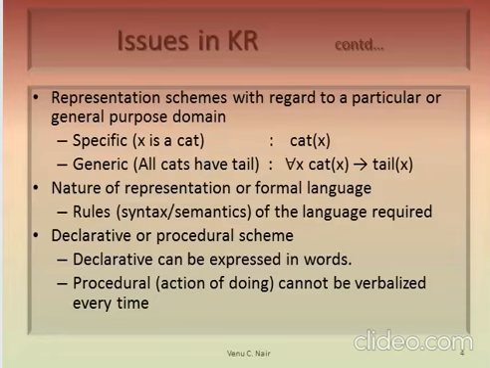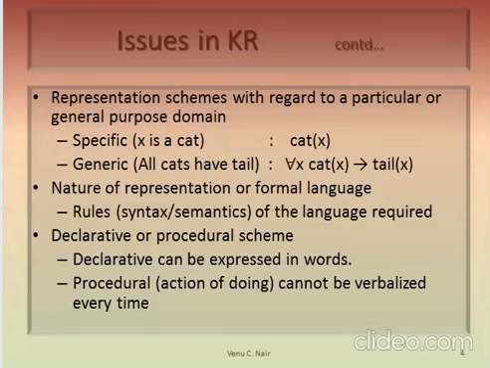Whereas we can have a generic statement like all cats have tail. It is not for a particular cat. All the cats are having tail. Let us assume like this. Then this can be represented using for all x, cat x implies tail x.